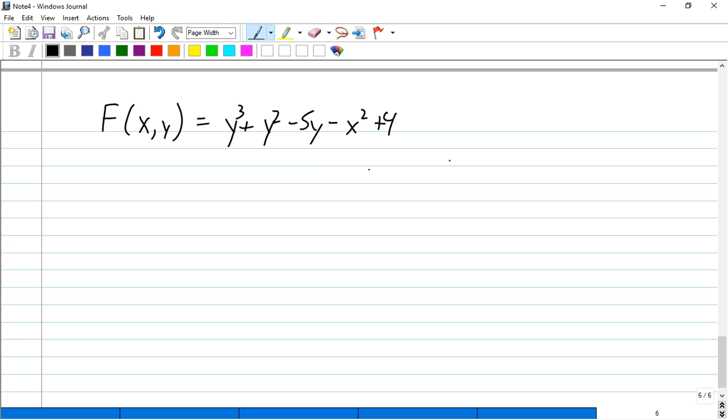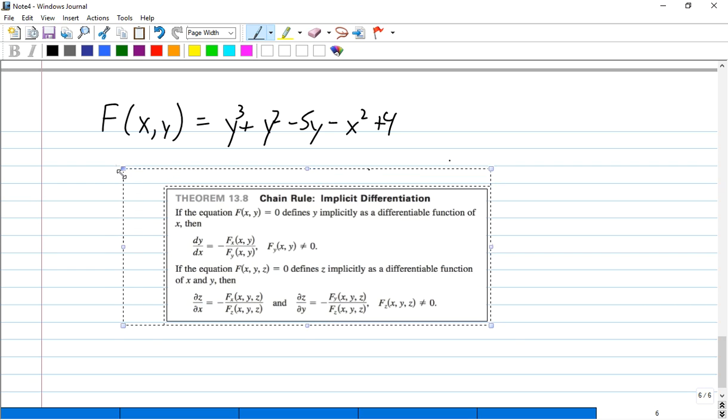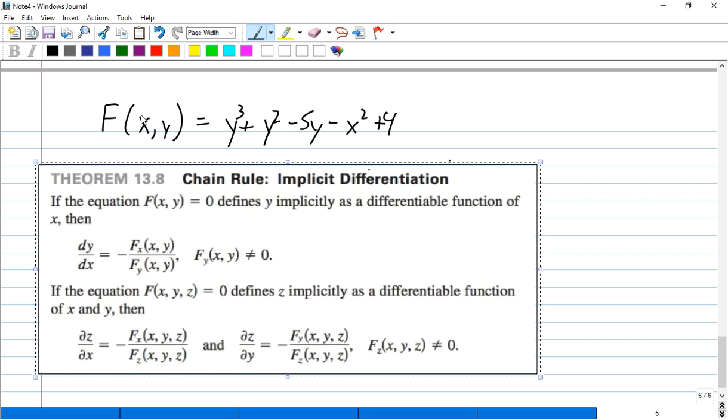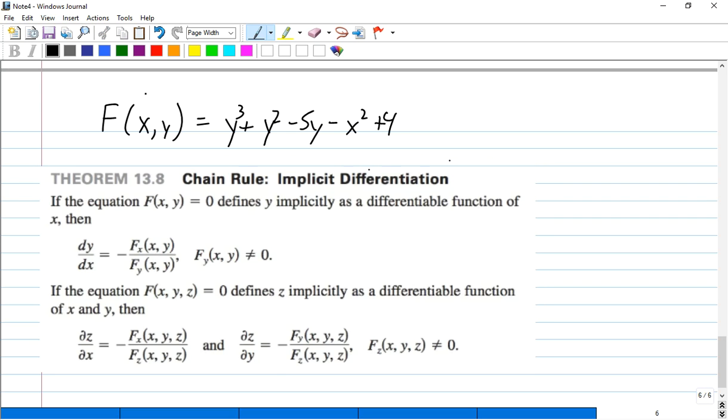That's an implicit equation. If we have something like that, we have a formula to follow. Because this isn't little f of xy where we're letting w equal little f of xy. This is capital F of xy. So this is the function, which equals 0, like an equation. So if we have that, then we can follow this formula.